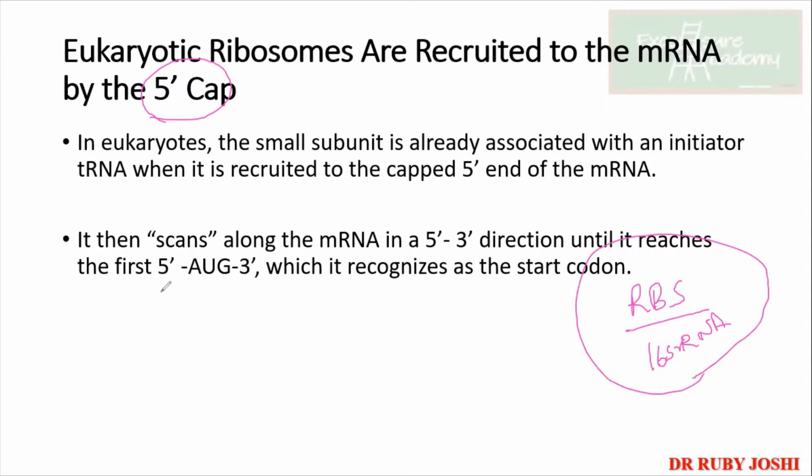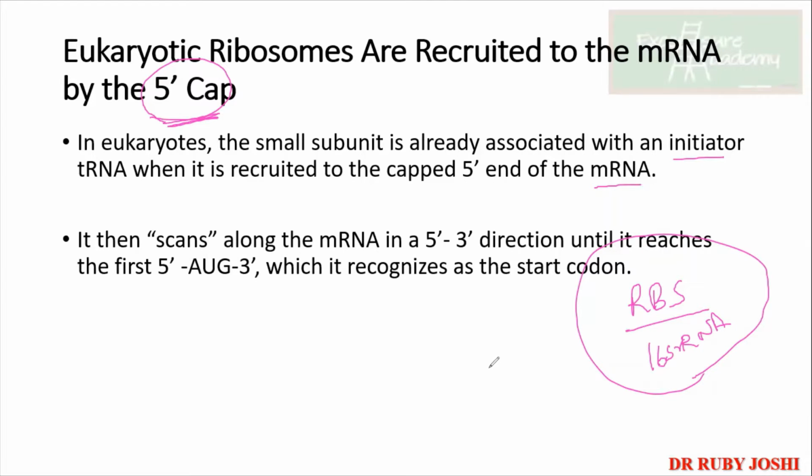Now in eukaryotes, it is the 5' cap which gets scanned. In eukaryotes, the small subunit is already associated with the initiator tRNA when it is recruited to the 5' cap end of the mRNA.